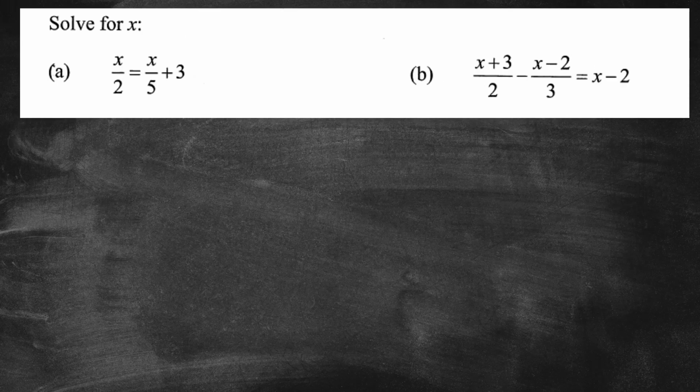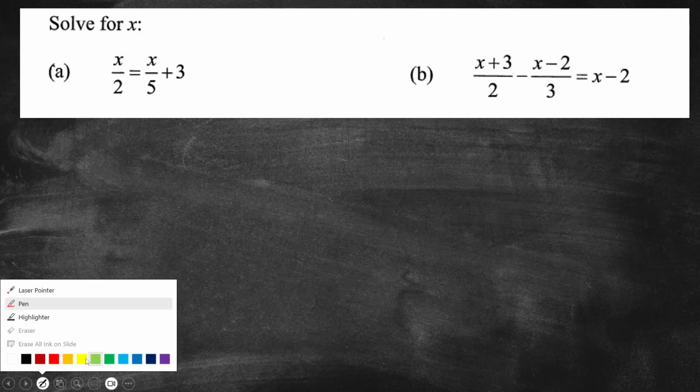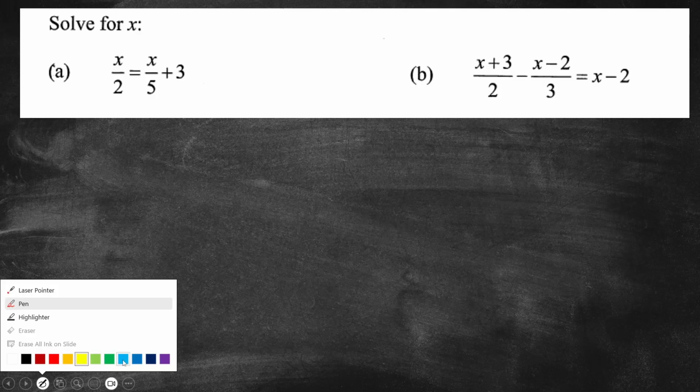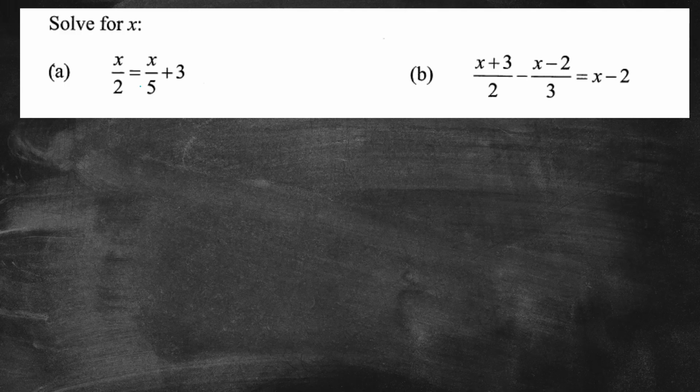So if we look at ones with fractions, what you want to do is get all the terms over the same denominator. As I said in class, there are two ways. You could start by multiplying out. So if I ask, what's the lowest common denominator between 2 and 5?